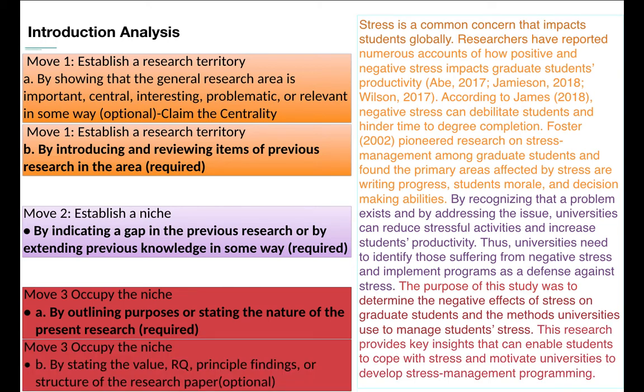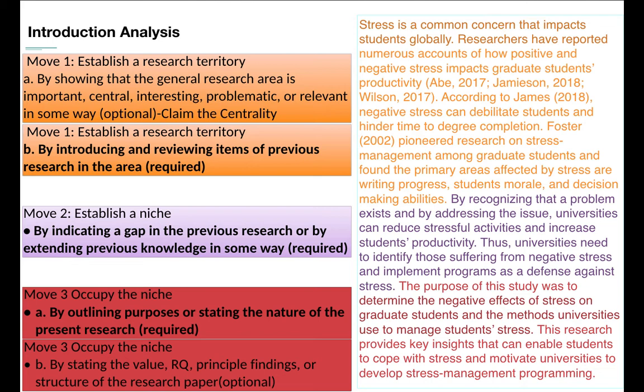Yes, you are right. It's Move 3, Step B, state the value of the research. But sometimes the researchers can also add the research questions, principal findings, or the structure of the paper. It depends on your field, so it's also optional.